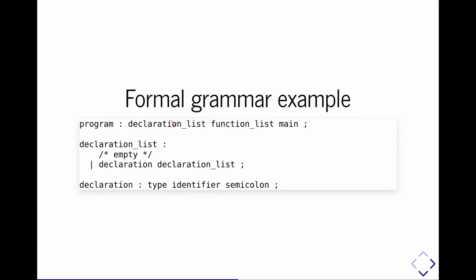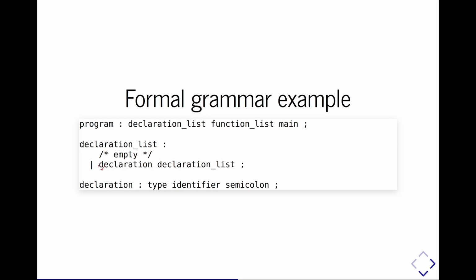Remember, a program was a declaration list followed by a function list followed by main, and a declaration had a finite number of symbols on the right: type, identifier, and semicolon. So how do we support handling any number of declarations in our language? Well, we use this self-referential grammar specification.